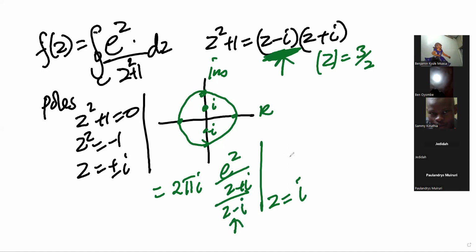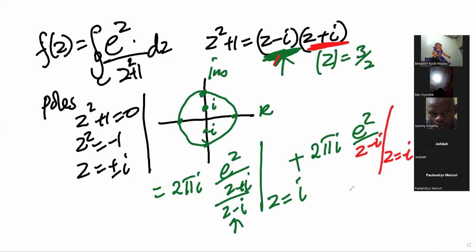Then plus 2 pi i times e^z divided by z minus i, where z equals minus i, and this is over z plus i. So this part doesn't matter.